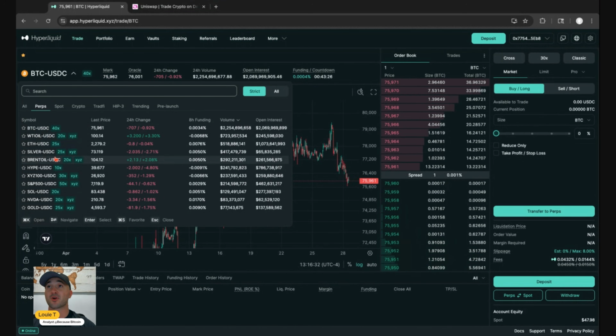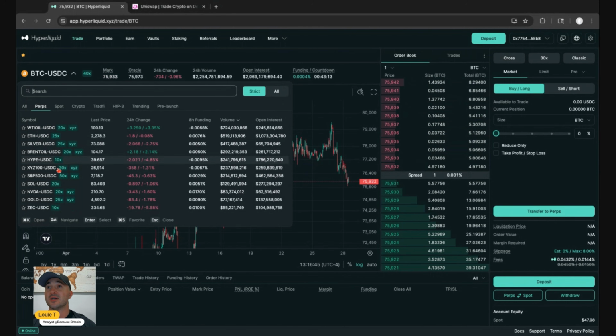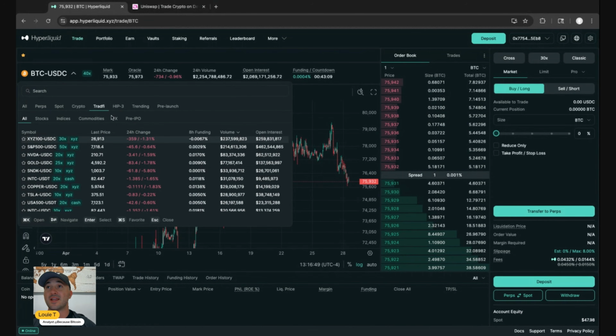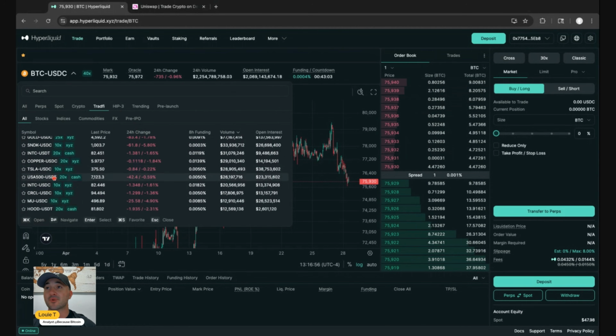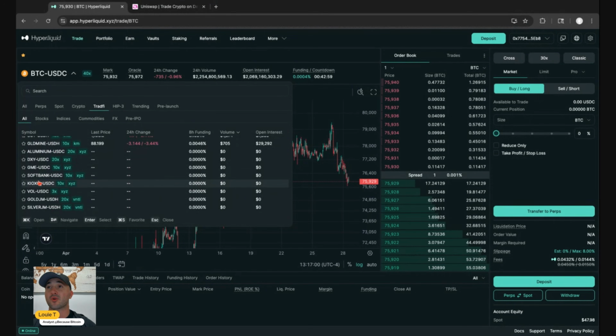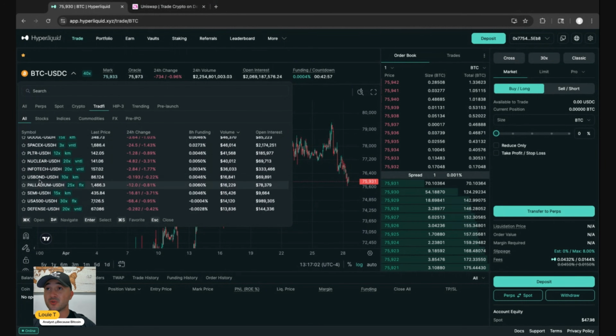So keep that in mind when you're trading leverage. You're going to have all your perp pairs here. Obviously, Hyperliquid is natively crypto, but they're starting to add commodities and stocks, right? So we have oil, we have commodities like silver. You have stocks. We have the NASDAQ, XYZ 100, S&P 500, NVIDIA, gold, right? Copper, Tesla. They're slowly adding more and more stocks to this platform.